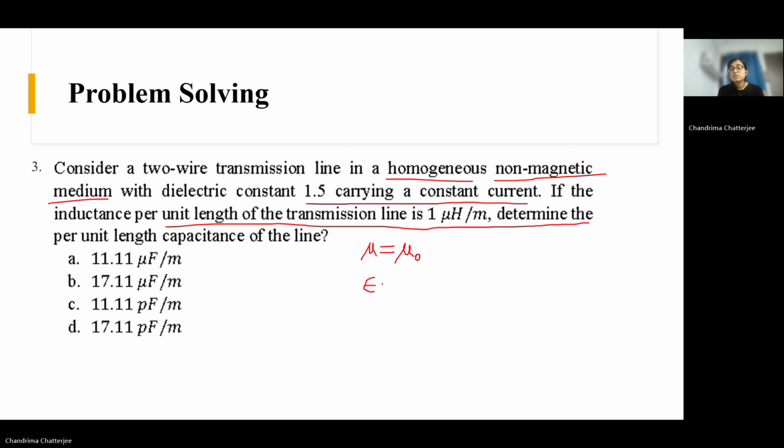So this permittivity is basically epsilon R multiplied by epsilon naught. And this constant, the relative permittivity, is given as 1.5, right? Carrying a constant current. And inductance per unit length is also given, 1 microhenry per meter.